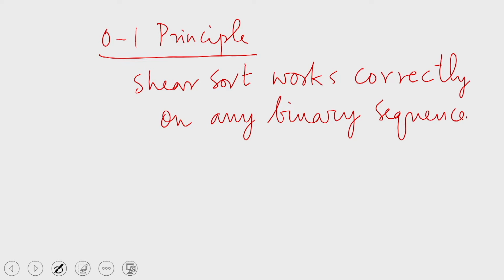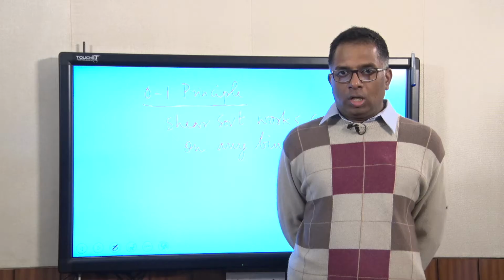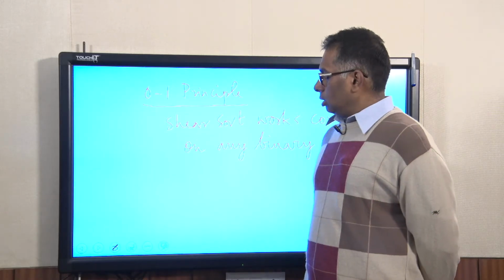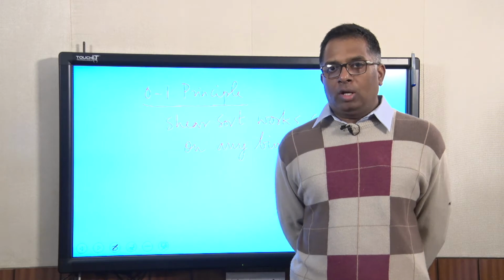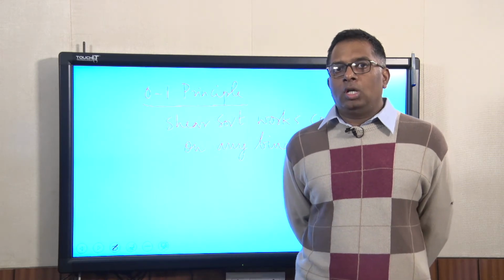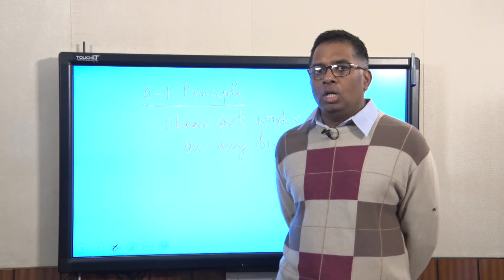And even the analysis we need to do only on binary sequences, because if the algorithm works correctly on binary sequences with the time complexity of T of n, then it will work correctly on any linearly ordered set in the same time complexity. So, let us see how this will work on a binary input.